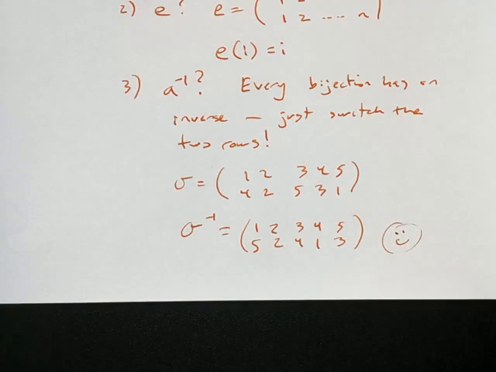Now, since only the number of things in my set matter, I've been using the numbers from 1 to n. When I have a finite set, the collection of permutations on n things is known as Sn.